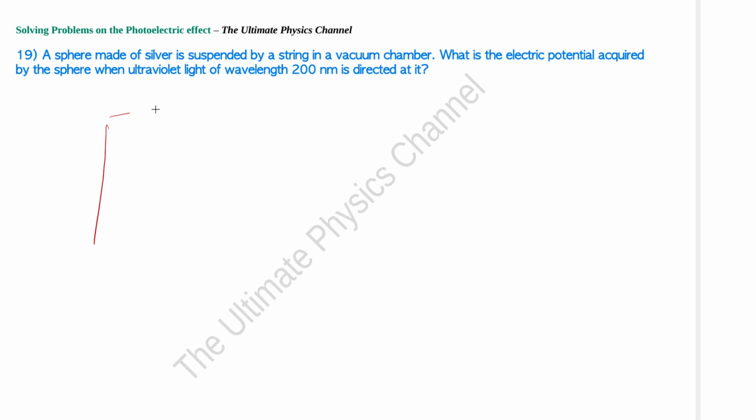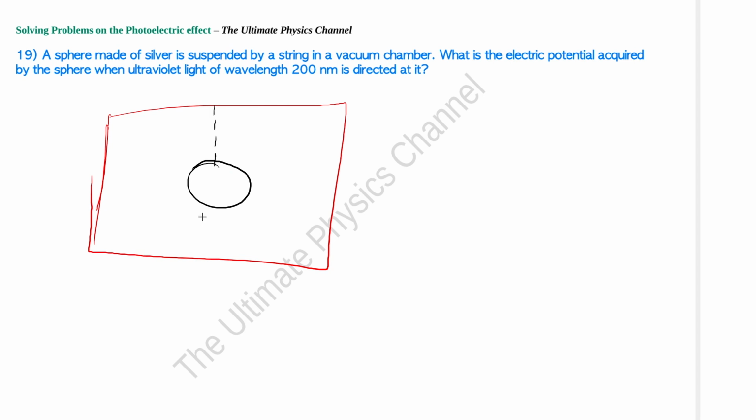So we have a vacuum chamber, let's say, and inside this vacuum chamber a string is used to hang up a silver sphere, or a sphere made of silver, and then maybe through a small window, let's say here, light is incident on this.